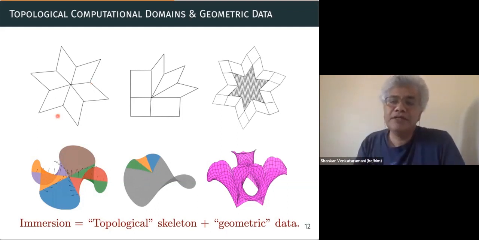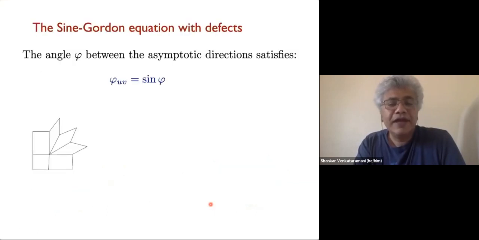So the information in the actual extrinsic geometry of these C11 surfaces, in particular the branch points and where they're located, is all encoded in this graph. And then you get to prescribe different kinds of data and solve wave equations on each of these domains. And that's then the corresponding geometric data. And so that's the picture that we have.